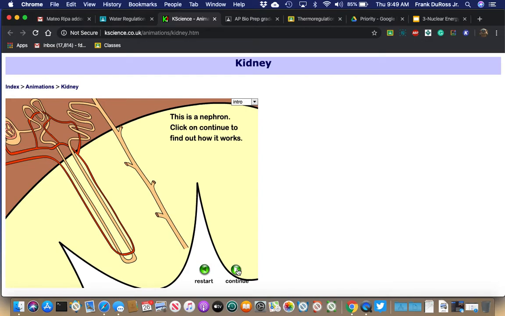As we zoom in here, the kidney is made of many individual units called nephrons. What you see here in this color is the nephron, and what you see in red is the blood vessel that feeds blood to those nephrons and then brings the blood out.